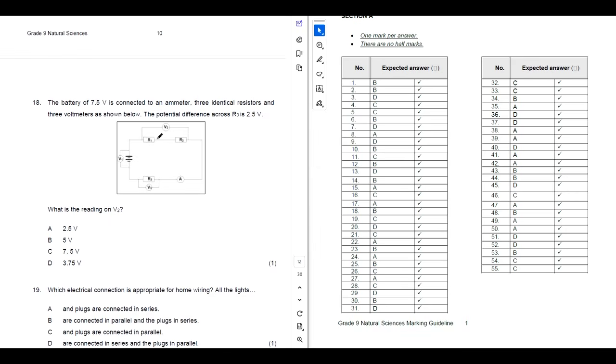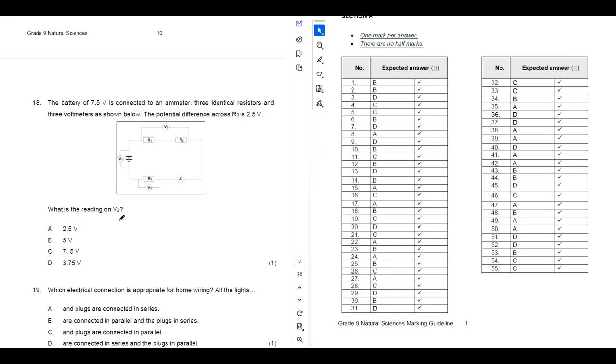Question 18 says that a battery of 7.5 V is connected to an ammeter and three identical resistors and three voltmeters as shown below. The potential difference across R3 is 2.5 V. Now the question says, what is the reading on V2?